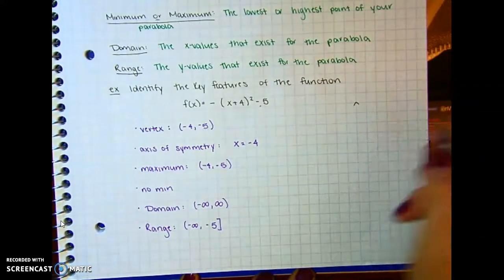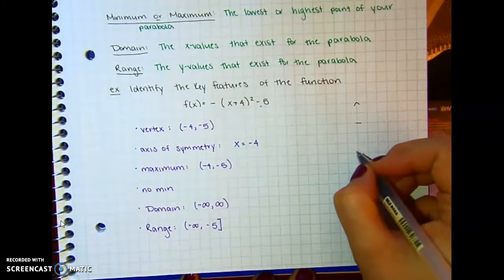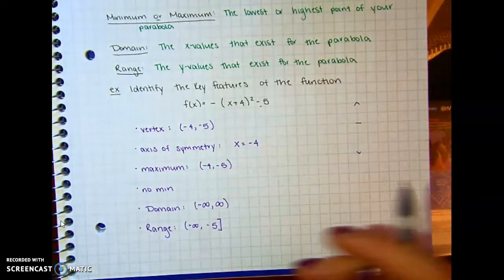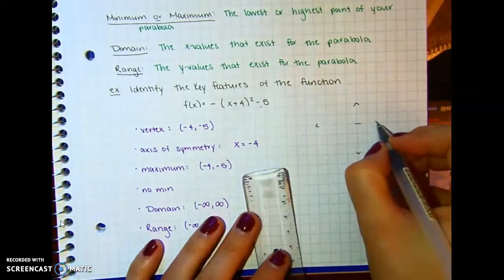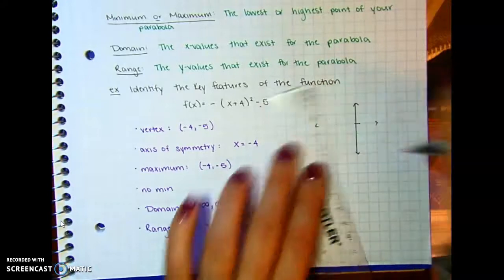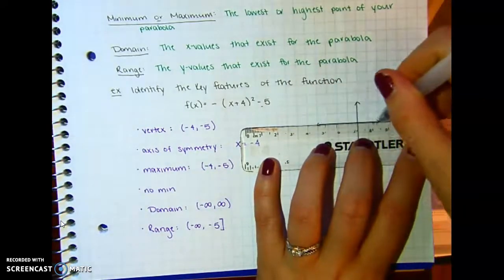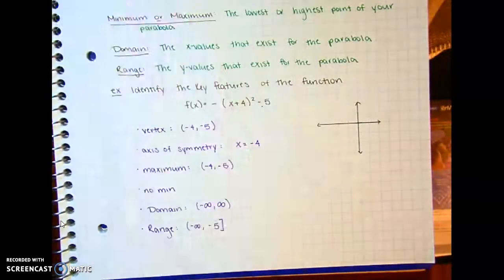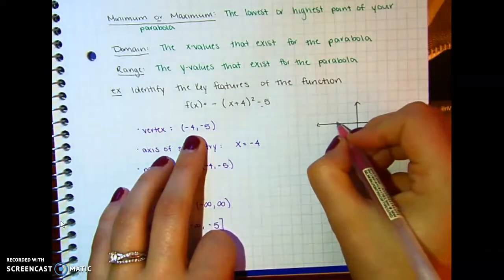I'm not even going to make it that accurate. It's literally going to be a sketch. So I could draw a little graph and go, okay, I know that our x value is going to be at negative 4.